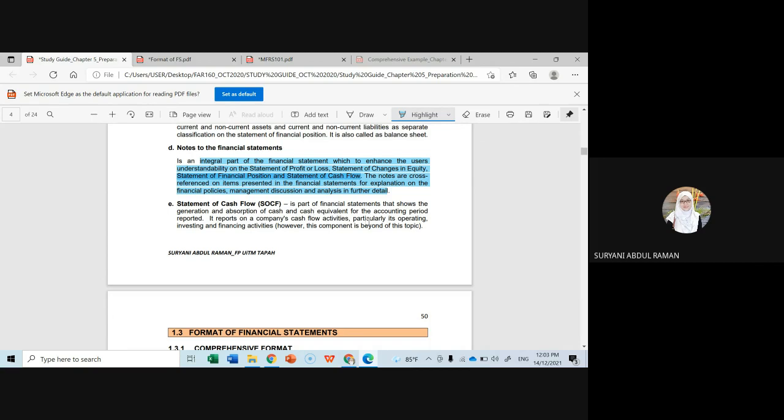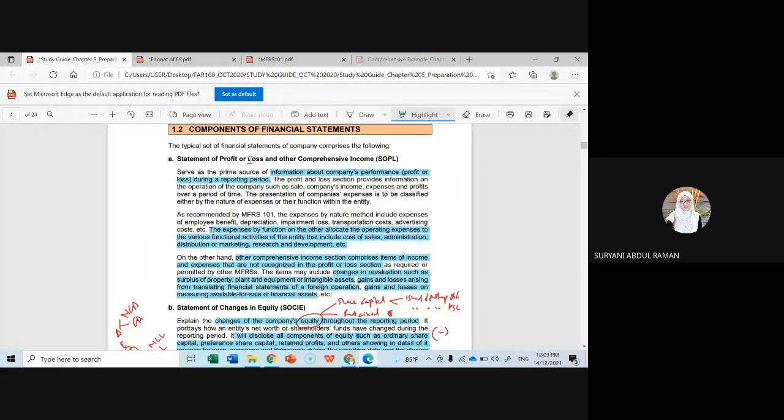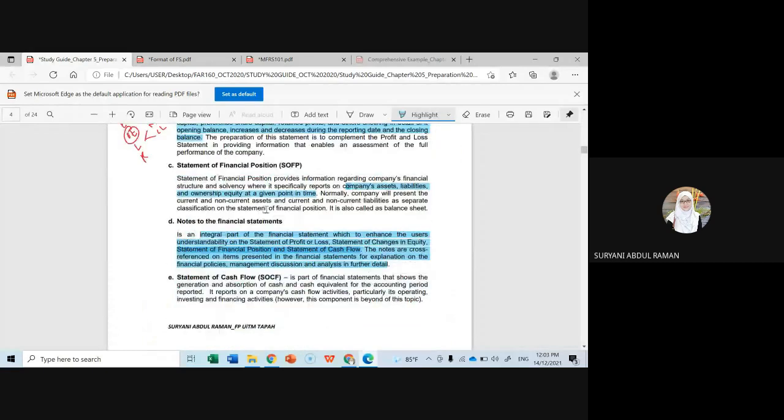However, this component is beyond this topic. You will learn this component when you go to Financial Accounting 3, that is FAR 210, in part 3 later on. So in this chapter, we are going to learn these 4 components: SOPL, SOCIE, SOFP, and also notes to the financial statement.